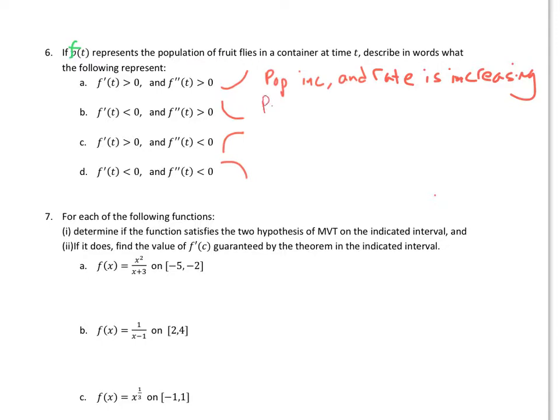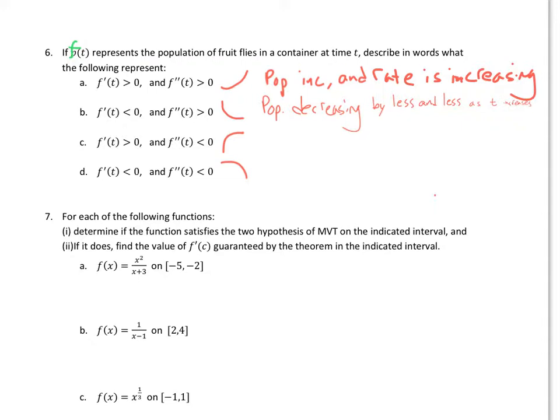So the population is decreasing, and the amount that it's decreasing is shrinking. So, okay, we might say the population is decreasing by less each day, less and less. How about that? Fancy way to say it, huh? As time increases.